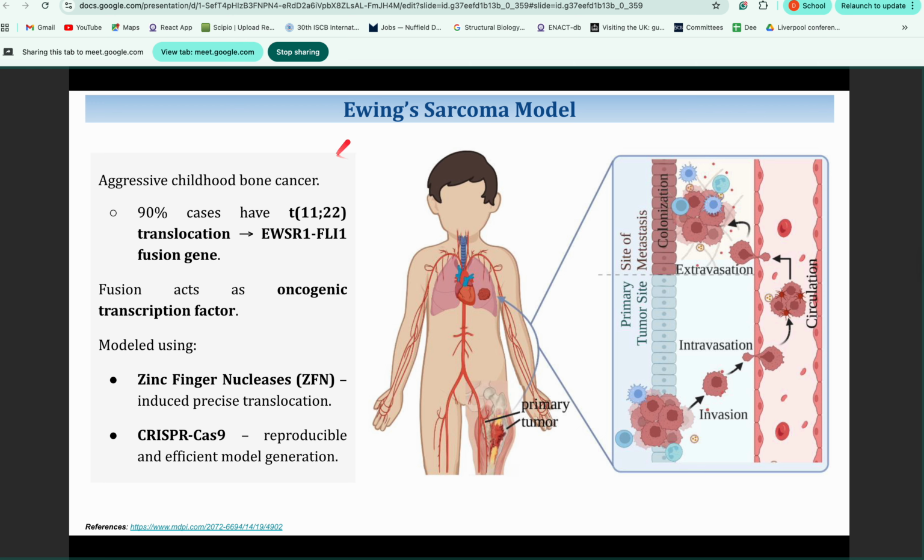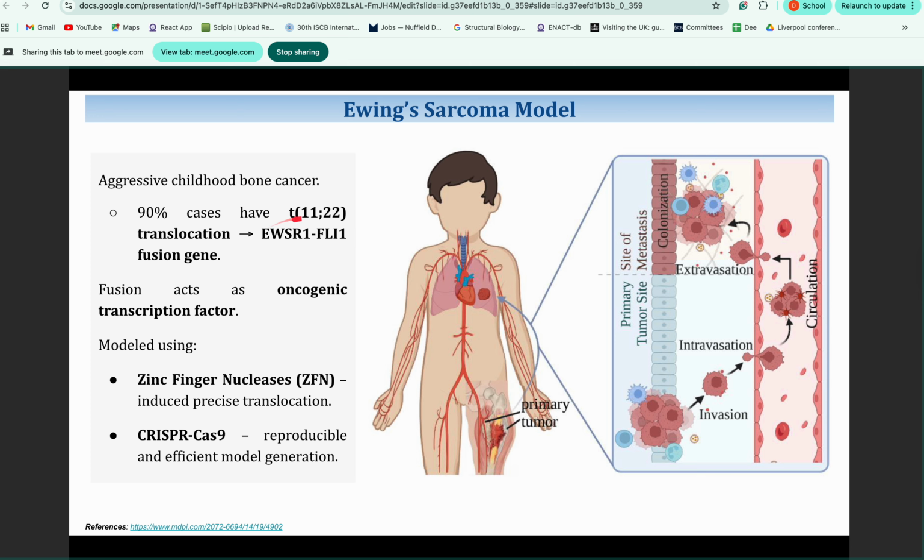Now comes the Ewing's sarcoma model. It is an aggressive childhood bone cancer, and 90% of cases have the t(11;22) translocation, creating the EWSR1-FLI1 fusion gene. This is a fusion of EWSR1 and FLI1.